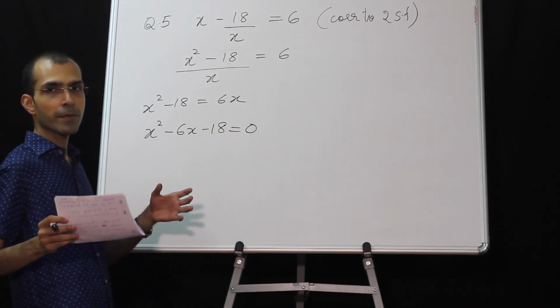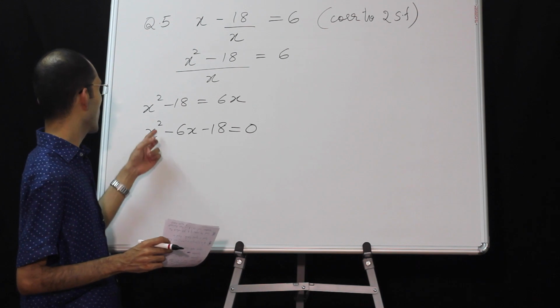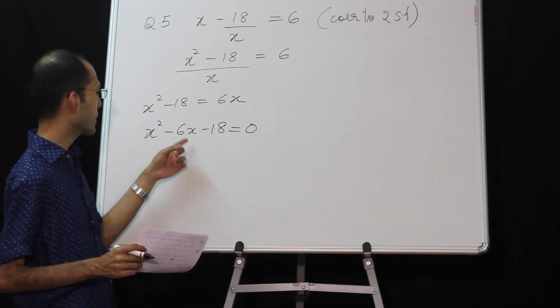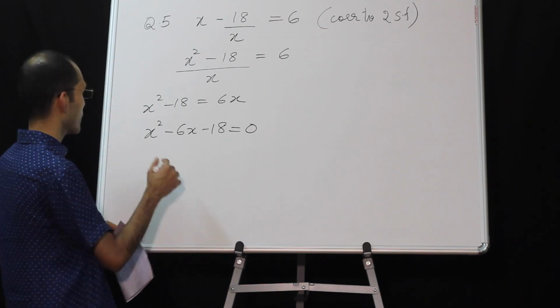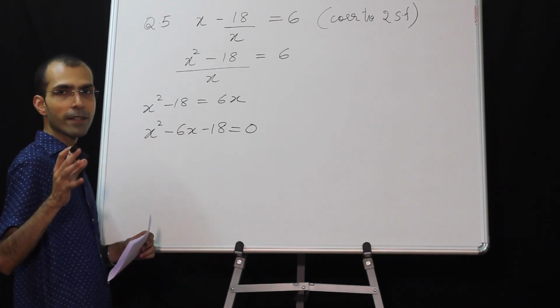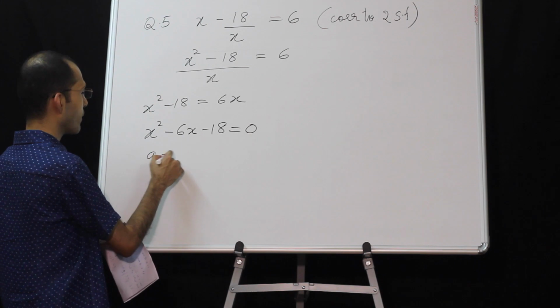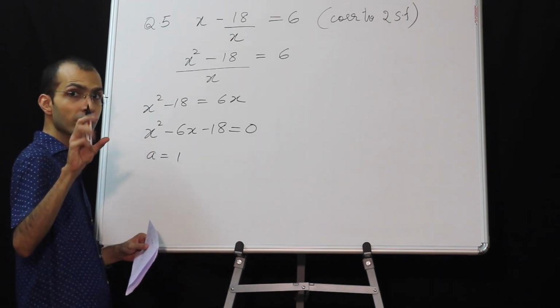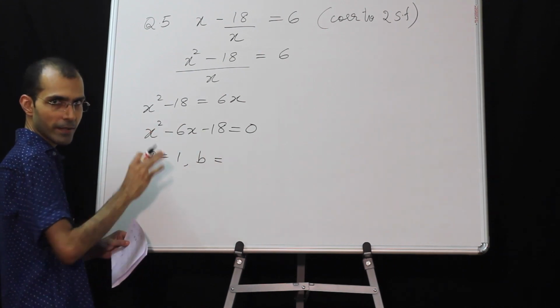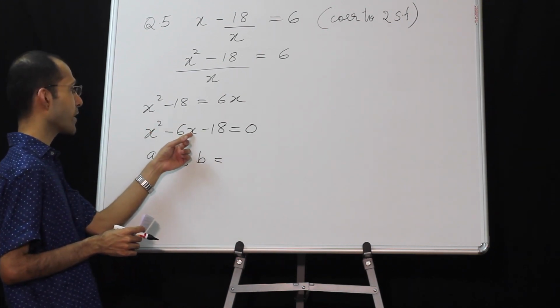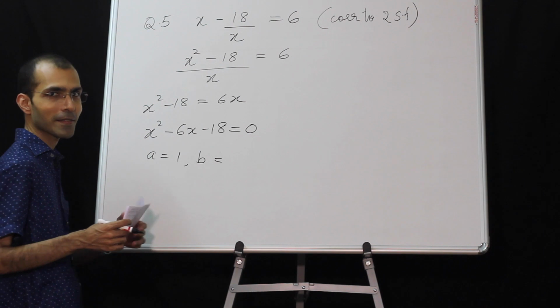Now the equation has been arranged in the standard form. Power 2, then the power of x 1 and then the power disappears. So here compare it with the standard form. A will be 1. A is the coefficient of the square term. Which is the middle term? Minus 6x. So what is the coefficient of x? Minus 6.